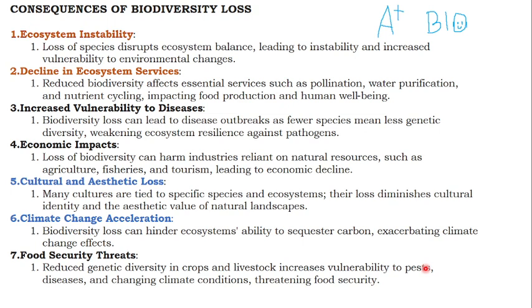When there is only one crop, only one species, pests increase and cause diseases, changing the climate conditions and threatening food security. So that's all about the consequences of biodiversity loss.